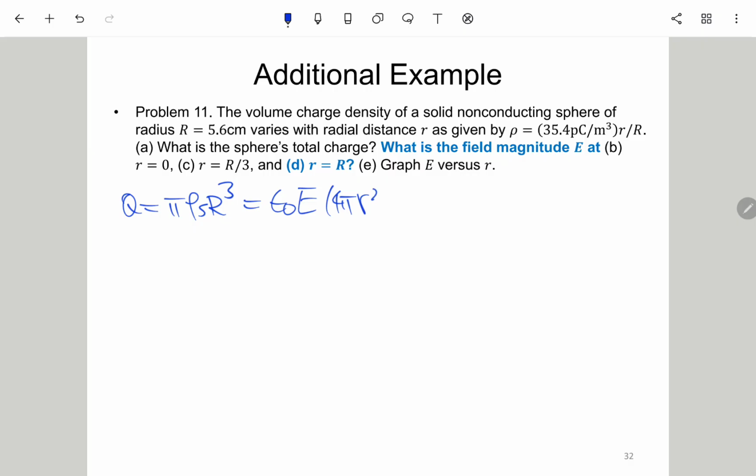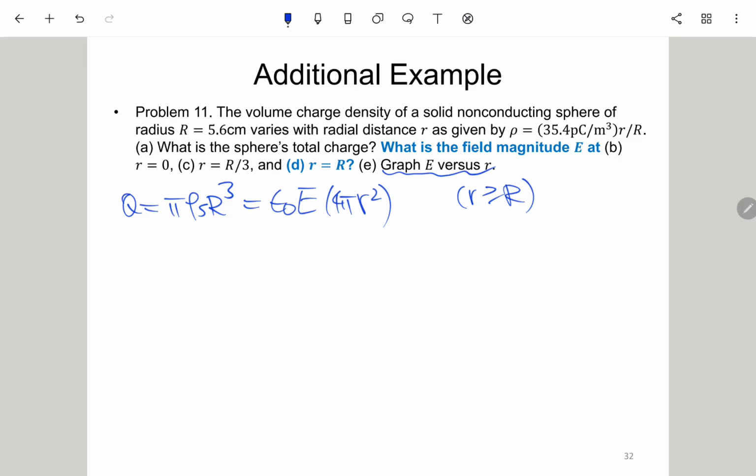Actually, we can also come up with the expression for R larger than or equal to capital R all at once, because we need to graph E versus R, so it's better we know it for R larger than capital R in advance.